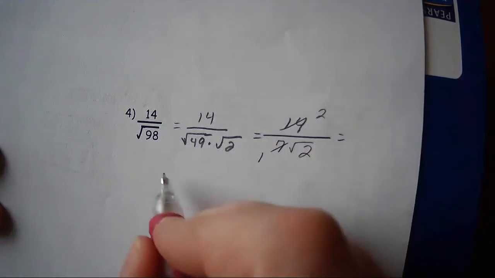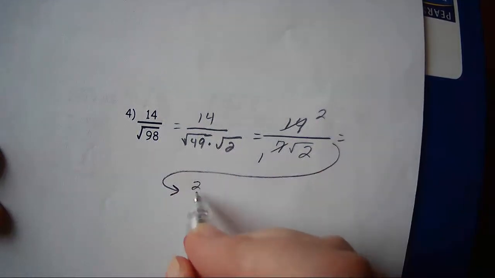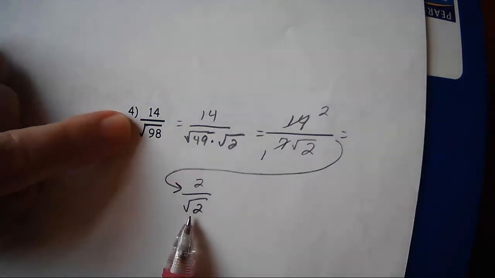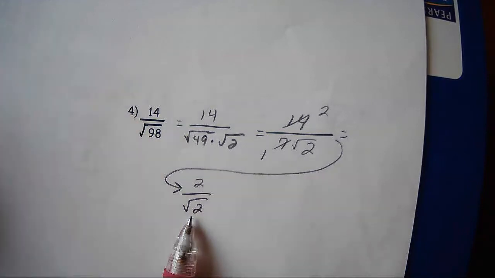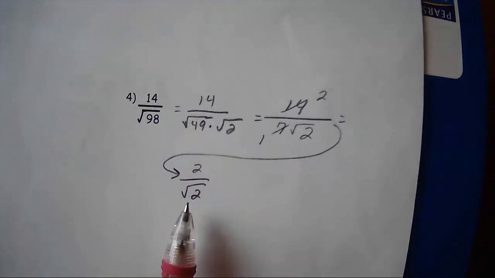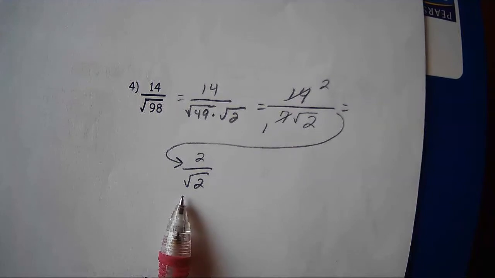Oh, so that gives me, and I'm going to come right here, I end up having 2 over the square root of 2. Now, guys, if you look, these are the exact same thing. One is just simplified. So now what can I do right here to get that square root of 2 out of the denominator? What do I need to do?